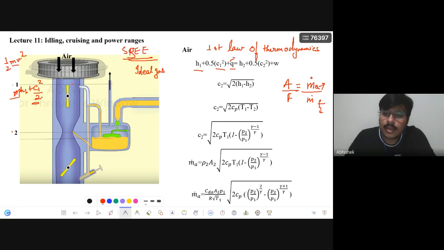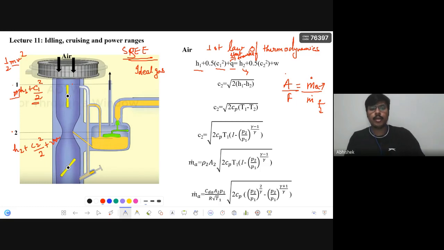It is the heat transfer. Then it is equal to h2, and the same we do here: h2 plus c2 square by 2 plus w. What is w? This is the work transfer. We check whether we are supplying any work, whether work is being transferred through this boundary or not.